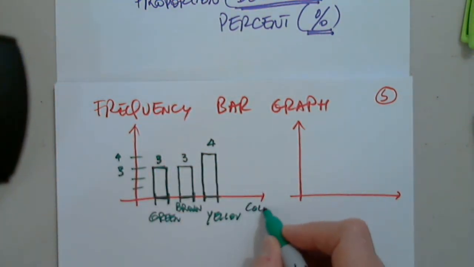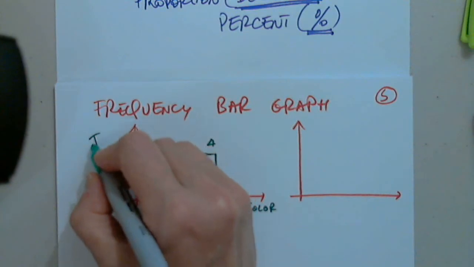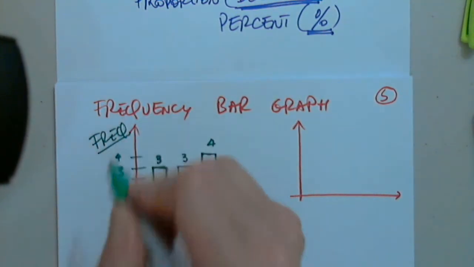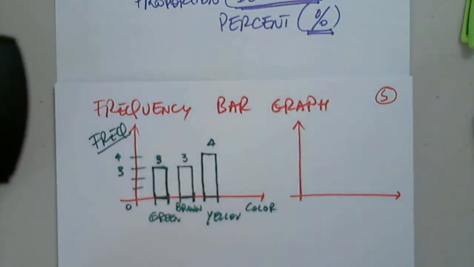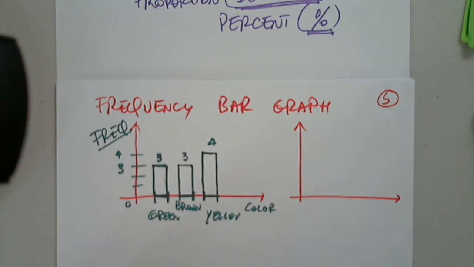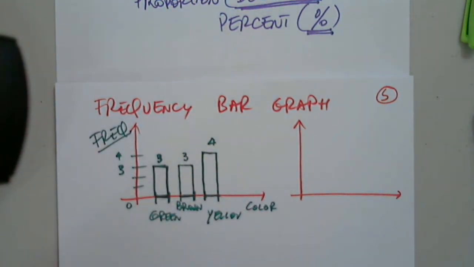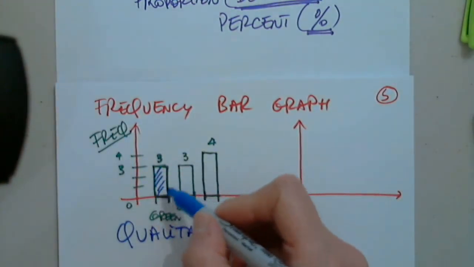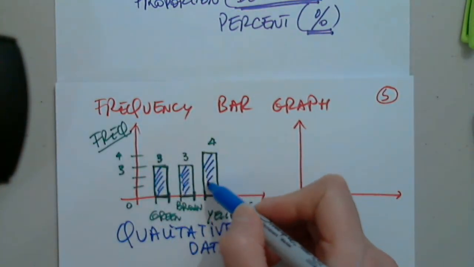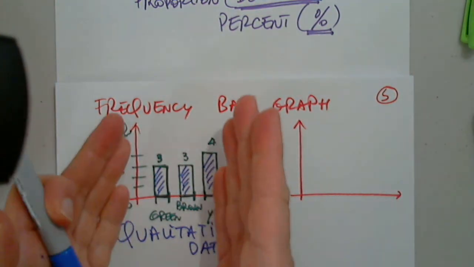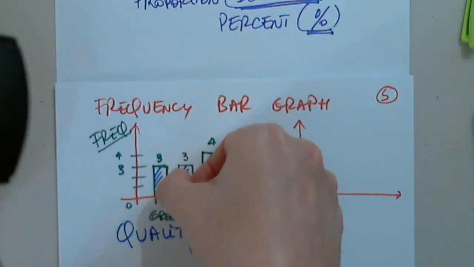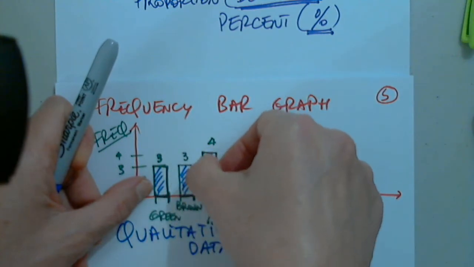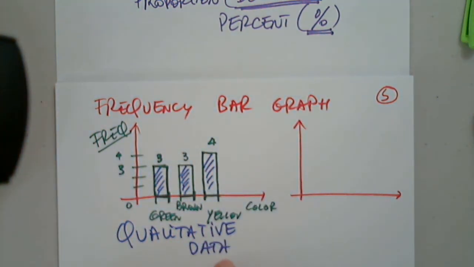So here is color, and this is frequency on the y-axis, starting at 0. Notice that the bars are not touching. For qualitative data, they do not touch. You cannot put them side by side with adjacent bars. You have to have space, which shows qualitative data.